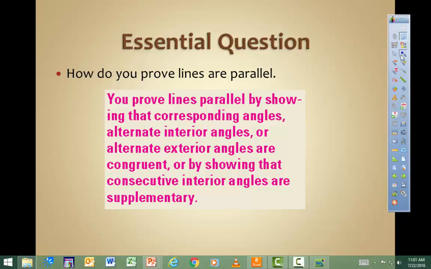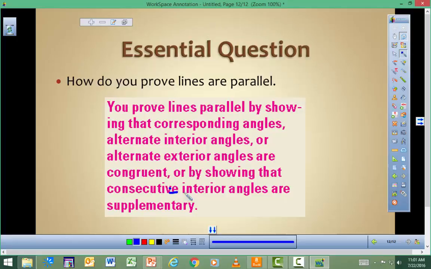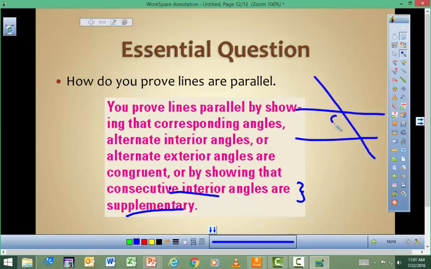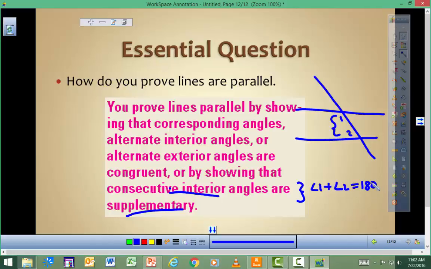The one that most people struggle with is this one. Remember, in that case, let's just redraw it here, you have to show that a couple angles, like angle 1 and angle 2, add up to 180 degrees. So angle 1 plus angle 2 must equal 180. I'm just telling you from experience, this is the one that people screw up on.